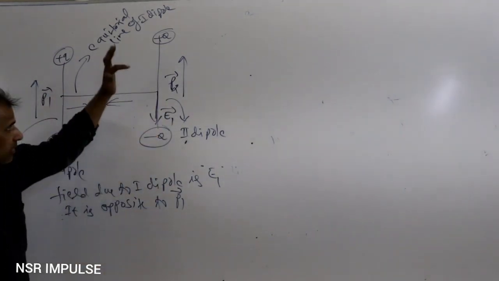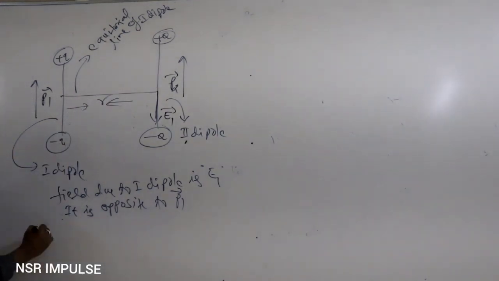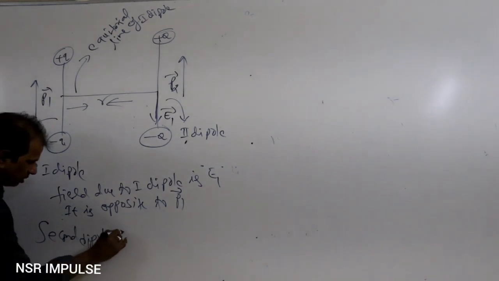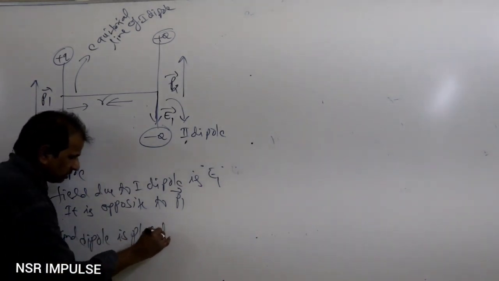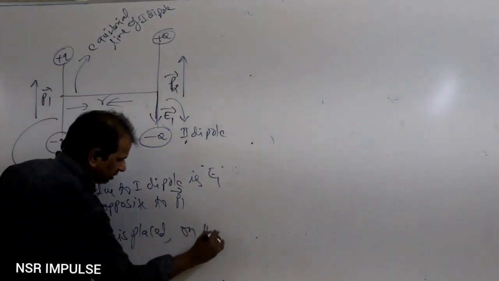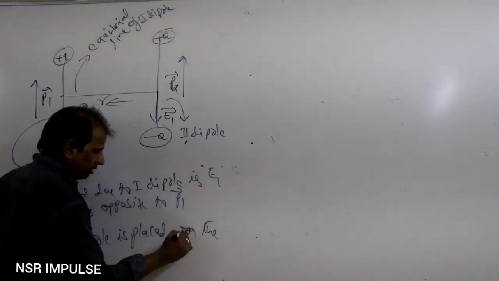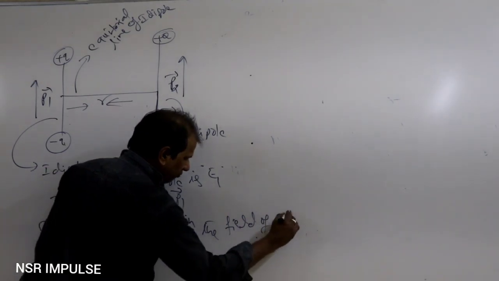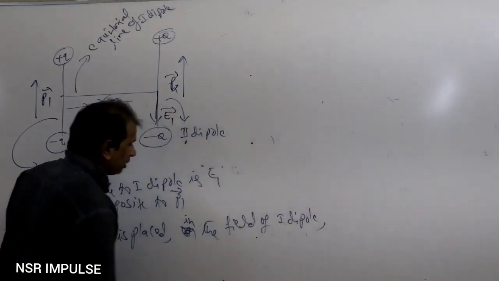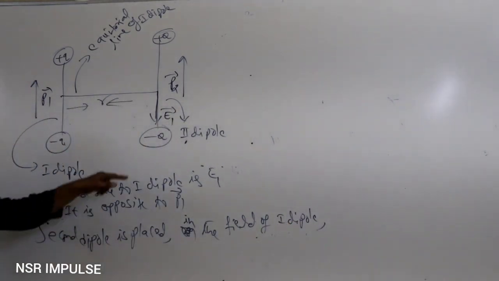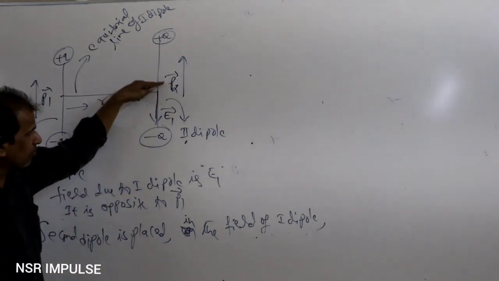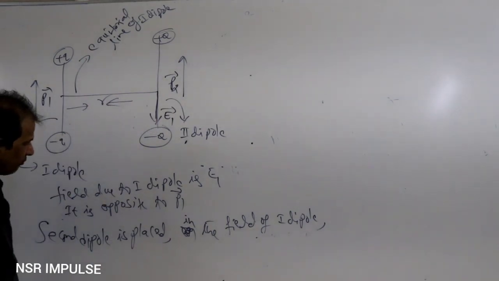So, what we can say? Now the second dipole is placed in the field of the first dipole. The second dipole, moment P2, is placed in the field of the first dipole.